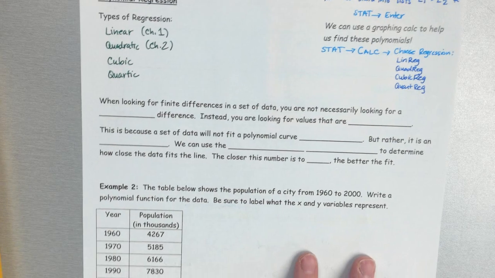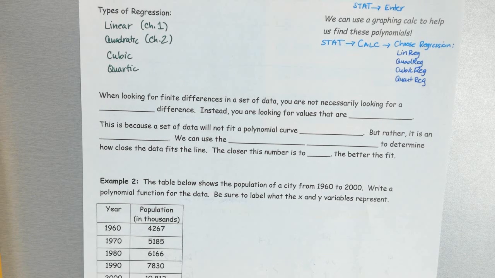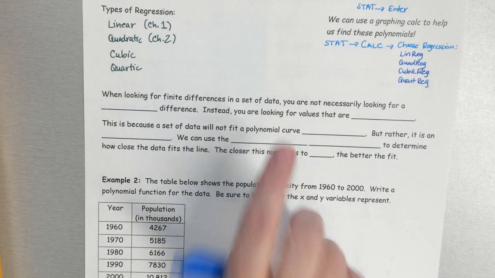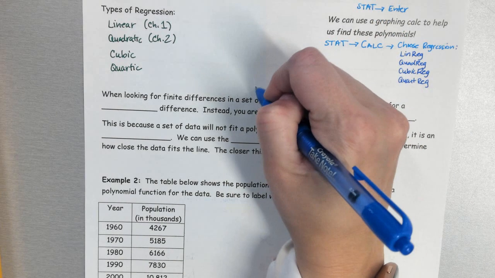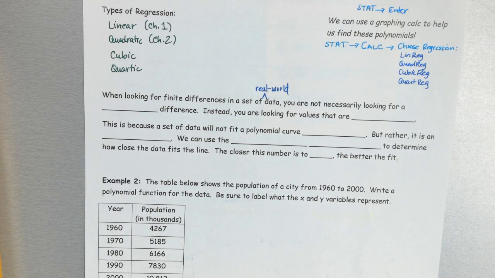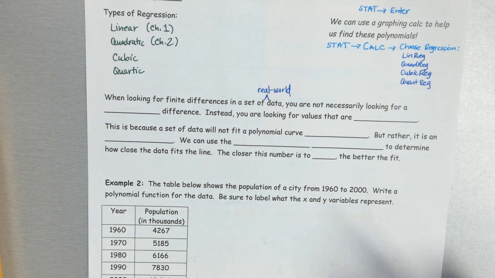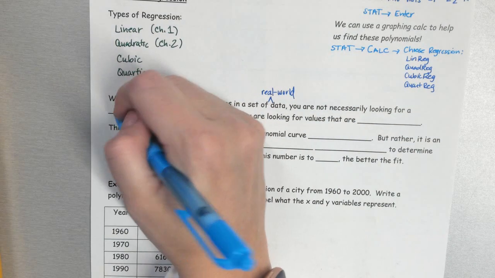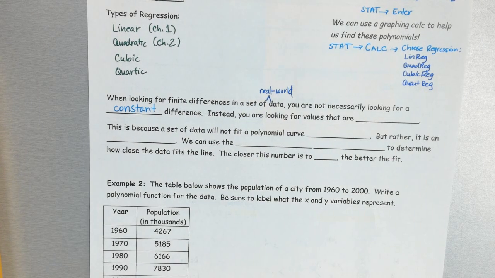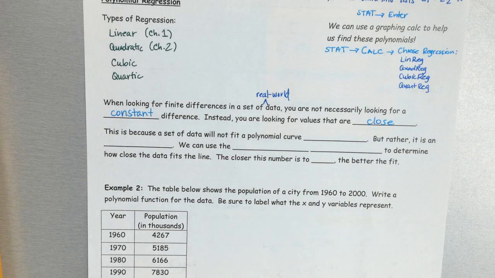Okay, so when we start to talk about real-world data, when you're looking for these finite differences, this just says data. We're going to talk about real-world data, okay? You are not necessarily looking for a constant difference. They're not going to be exact. So instead, you're looking for values that are close to each other.